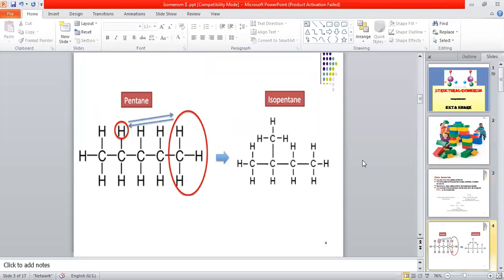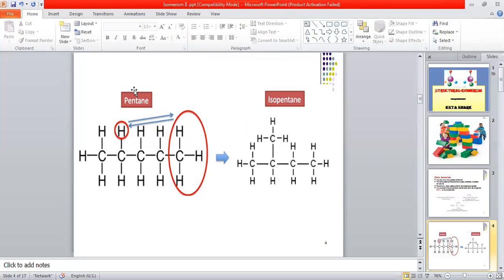Now come to the next one. This is also an example of chain isomerism. What will you learn from this slide? This is again our pentane molecule, formula C5H12.